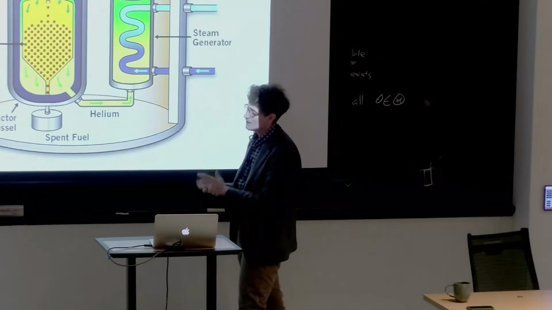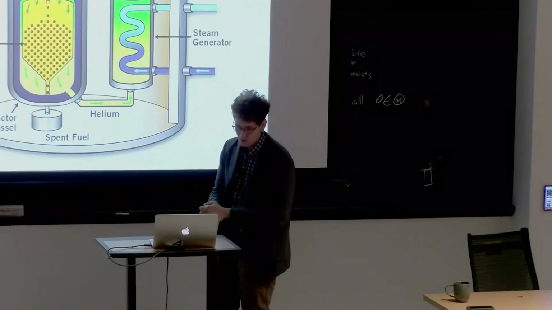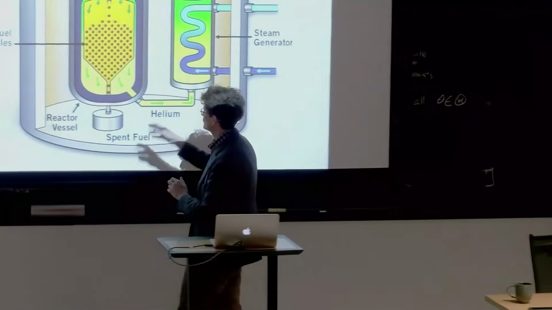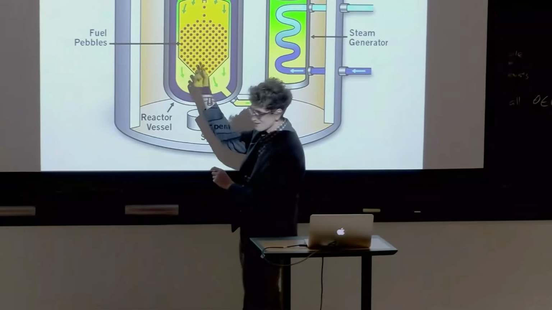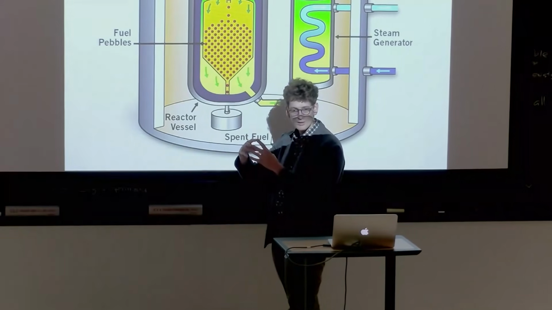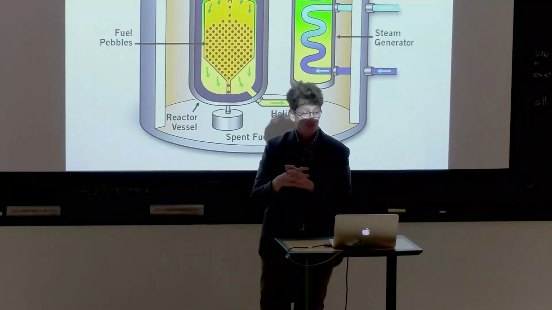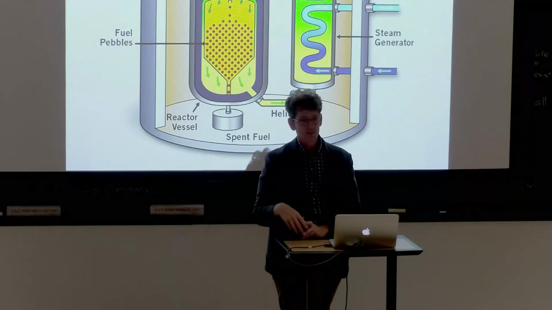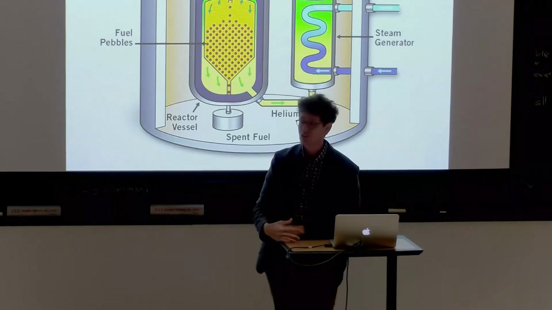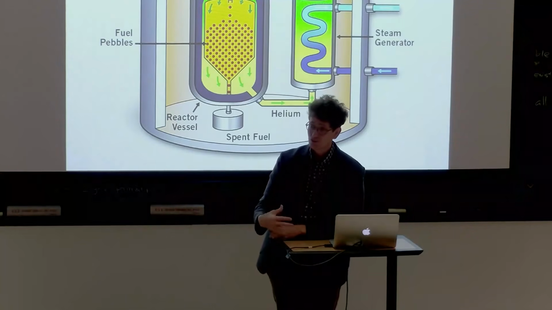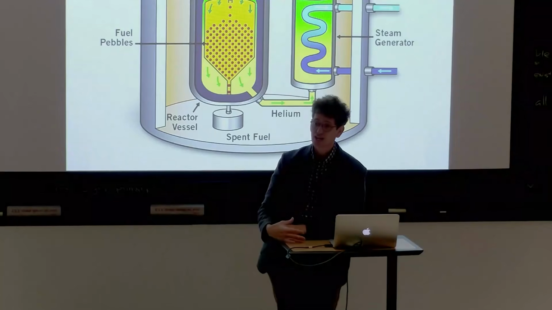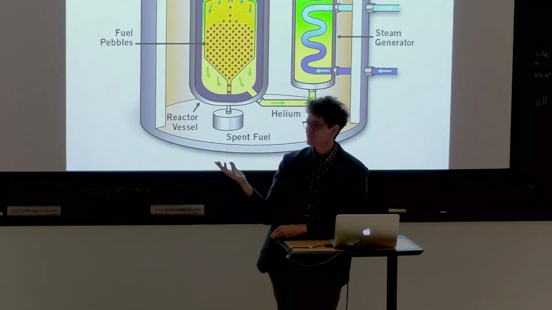So there are some nice features. These reactors, because they don't use water and because they don't use metal cladding but use graphite around the fuel, can go to very, very high temperatures. In principle, as long as the temperature stays below 1600 degrees C, which is the temperature at which graphite begins to autocatalytically burn, this reactor is fine.